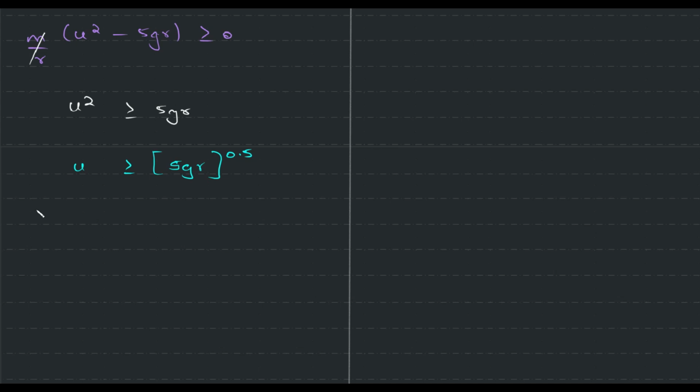Right guys? Next is minimum velocity at the top, again, for it to go loopy loop.